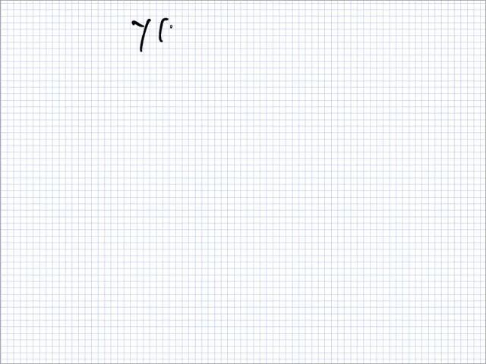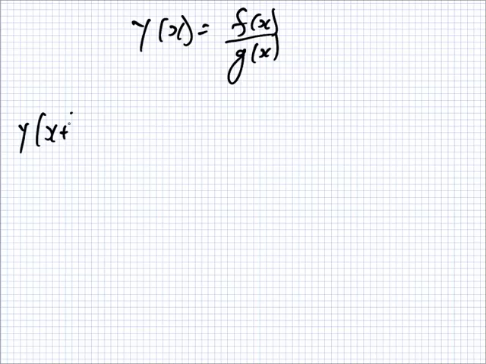So we have y(x) equals f(x) over g(x). So y(x plus h) minus y(x) all over h.